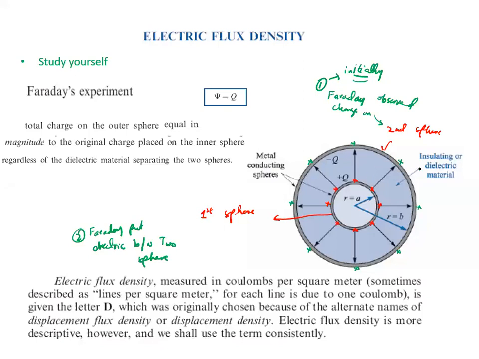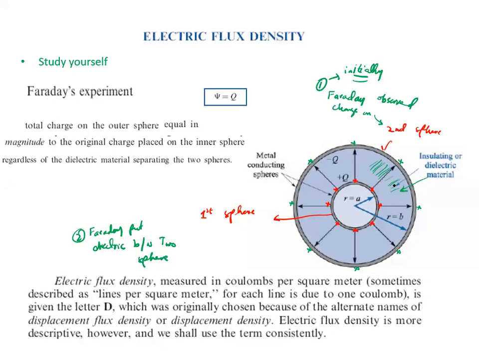He put this dielectric, a plastic sort of material, over there, and then again he observed charge on the outer sphere.